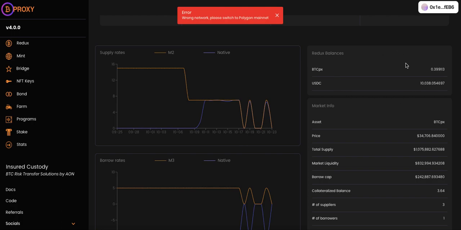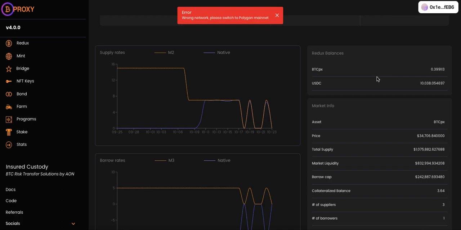What Redux has is a liquidity pool that functions in the background. The way that Redux works is that borrowers pay interest by deducting that interest payment from their collateral.